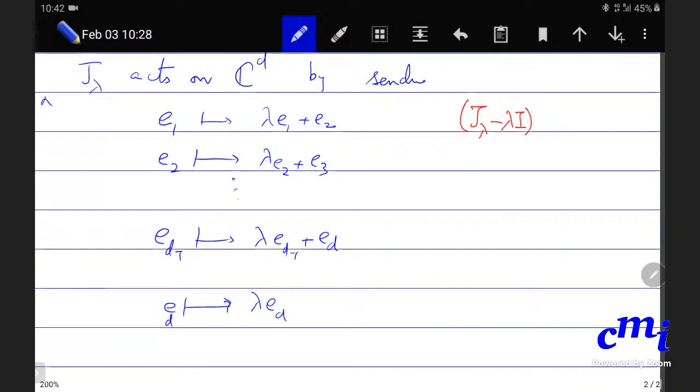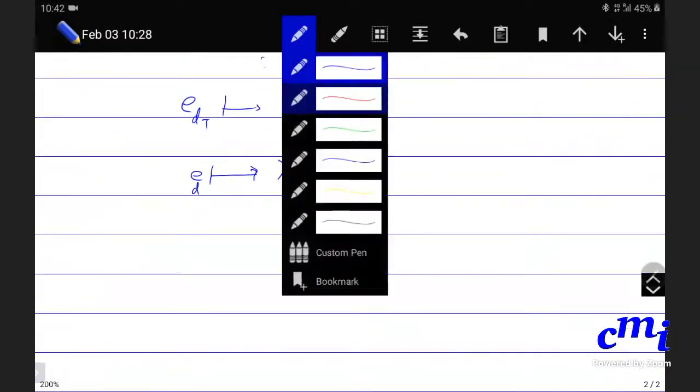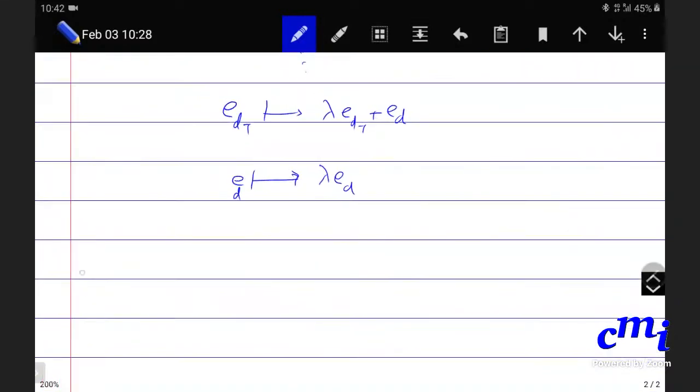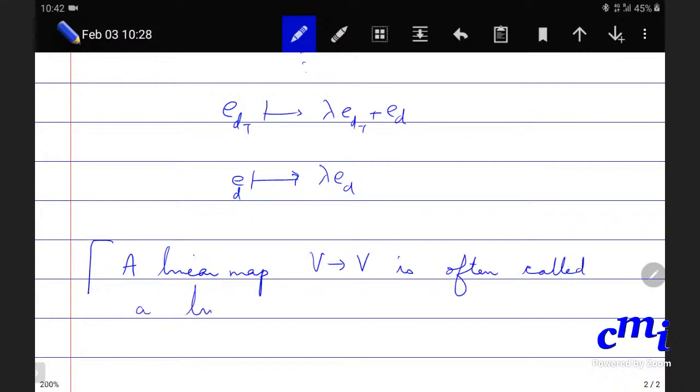I don't know if you have come across this term last semester. Maybe I should just write it. A linear map from V to itself is often called a linear operator on V. Instead of saying let T from V to V be a linear transformation, I will often say let T be a linear operator on V. It just means it takes V to itself.